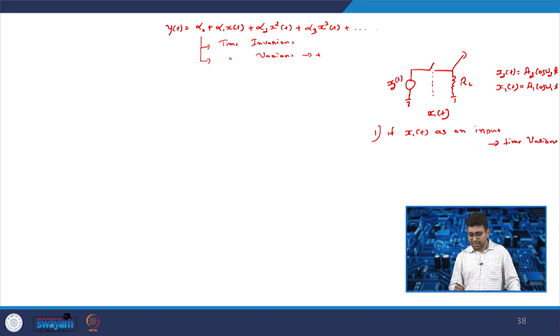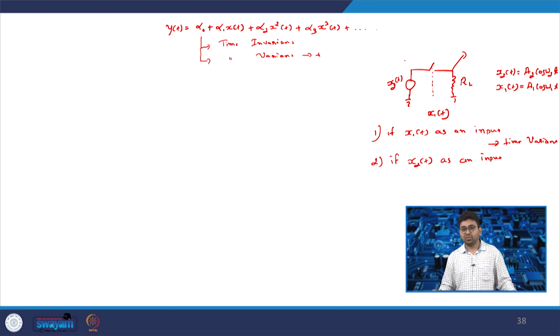However, if my x2(t) is an input, another point I just want to add here is that the output is non-linear.